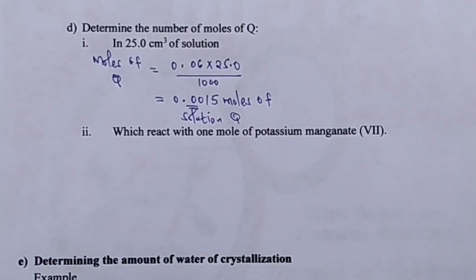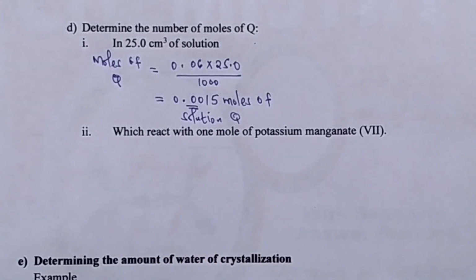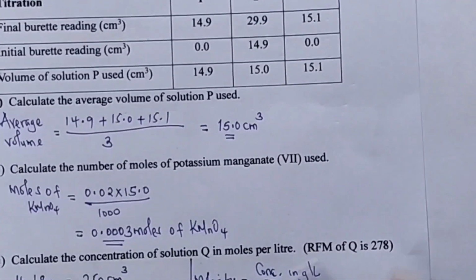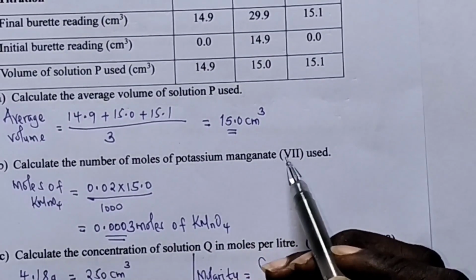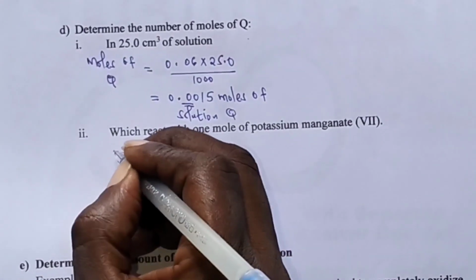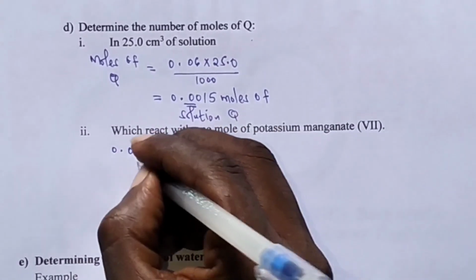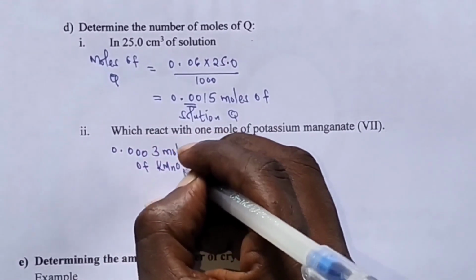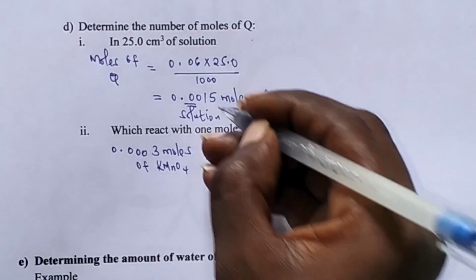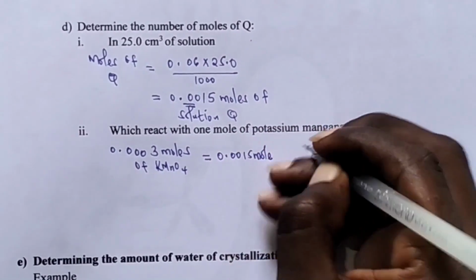So Roman 2, we are told to determine the number of moles of Q which react with 1 mole of potassium manganate(VII). We have the number of moles of potassium manganate(VII) solution: 0.0003 moles of potassium manganate(VII) reacted with 0.0015 moles of solution Q.